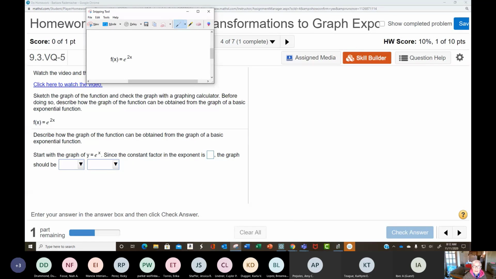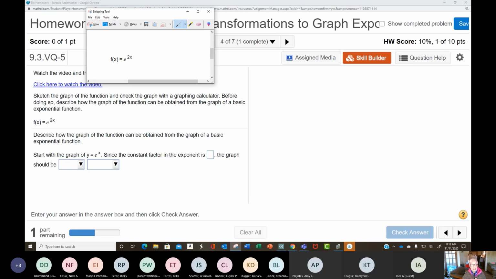Now what a 2 in front of the x means, 2 is a number bigger than 1. A number bigger than 1 multiplying the x, not multiplying the x coordinates, dividing the x coordinates, is going to make the x coordinates smaller. So this is going to be a horizontal shrink.